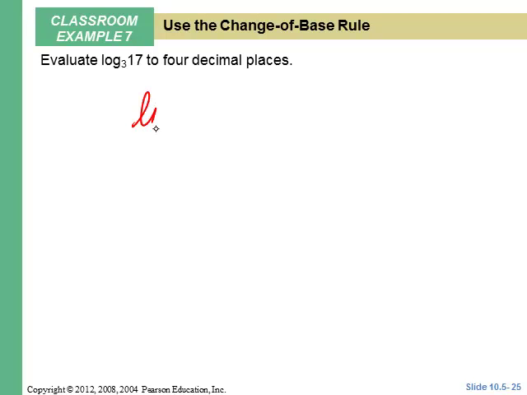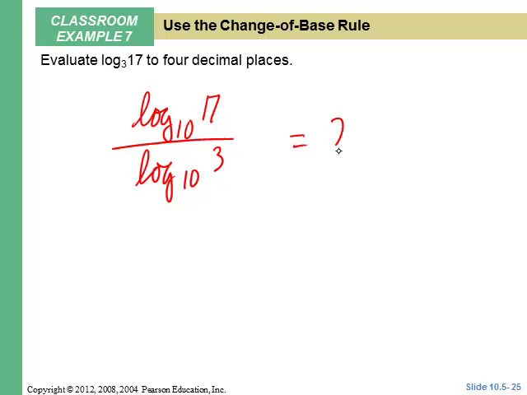So this is log base 10 of 17 over log base 10 of 3. Well, we can press that on our calculator, and we would have log of 17 divided by log of 3, and we get 2.57. Now, interestingly, we could have done the same thing and changed them both to ln 17 over ln 3.